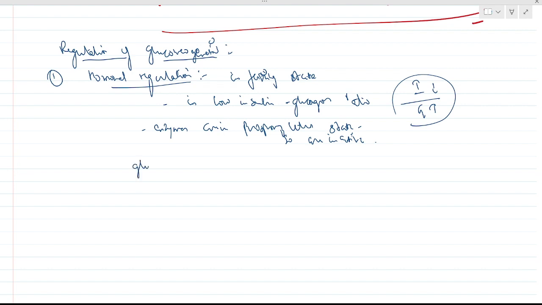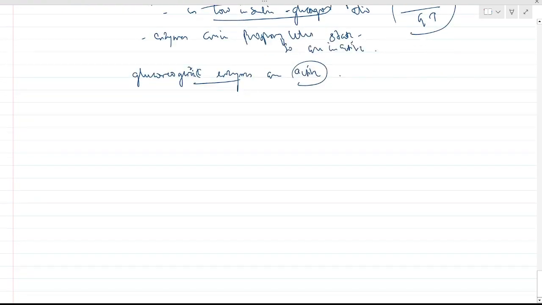The gluconeogenetic enzymes are active. The logical question is asked: gluconeogenic enzymes are active in a low insulin glucagon ratio in the fasting state. Next is our allosteric regulation.